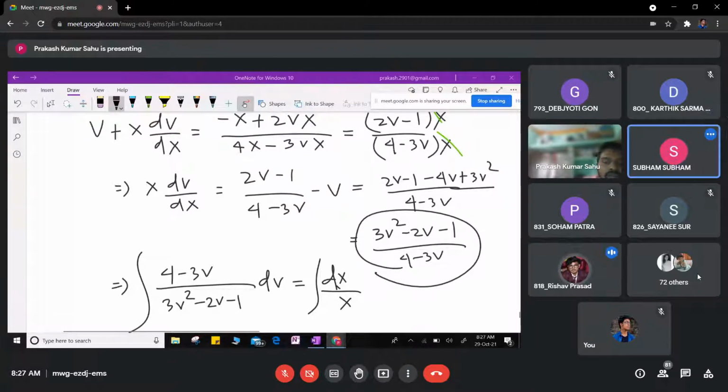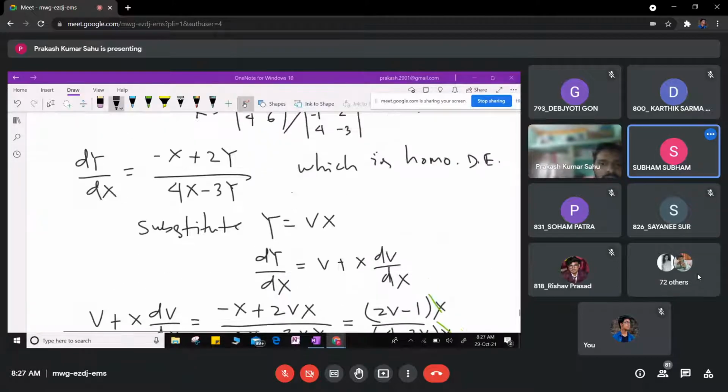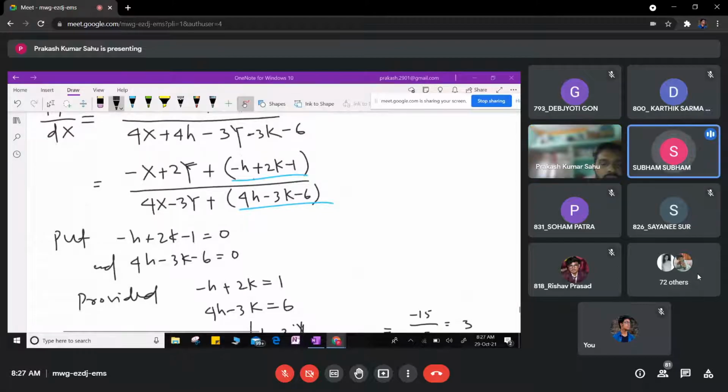Excuse me, sir. What is the reason behind the constant term becoming 0 in the first equation? This one, sir. Minus h plus 2k minus 1 is equal to 0. What is the reason behind that? Because we are reducing the non-homogeneous differential equation to a homogeneous differential equation.